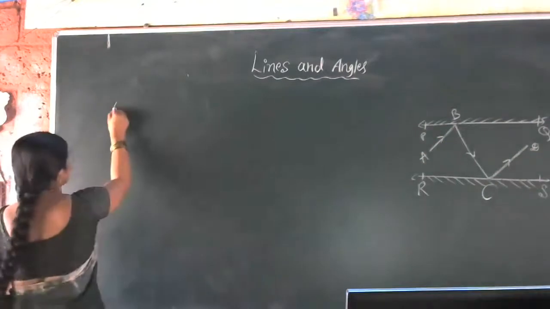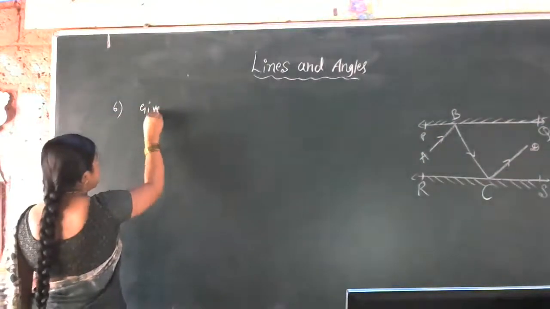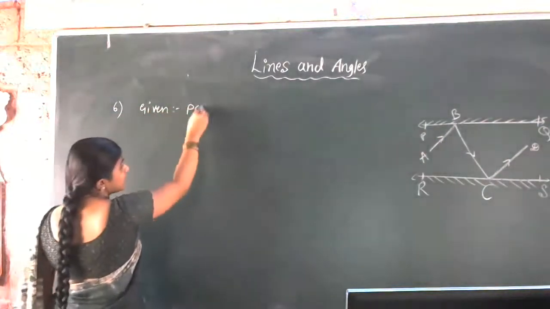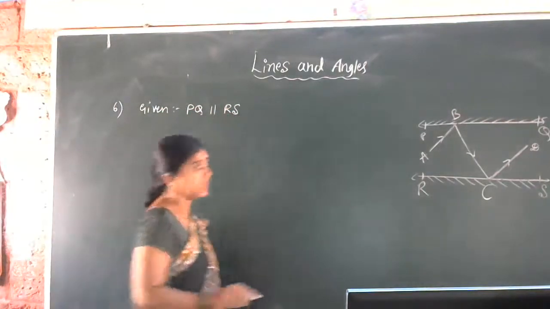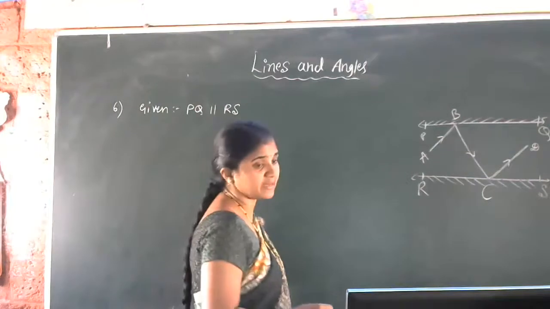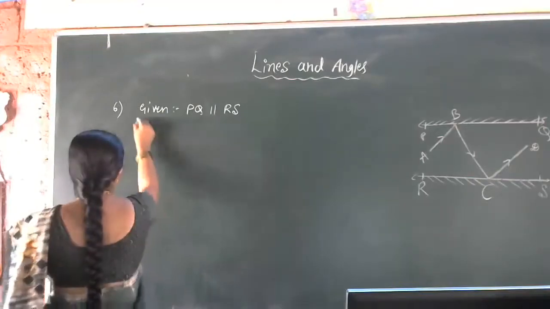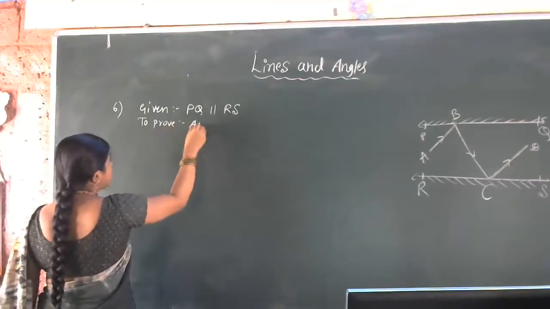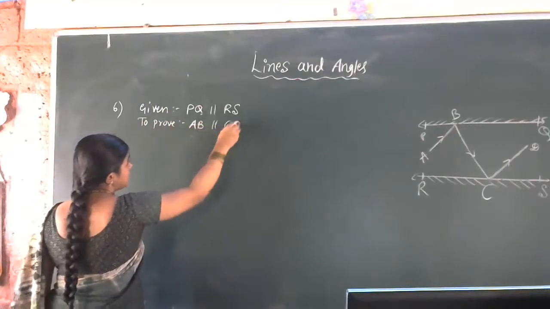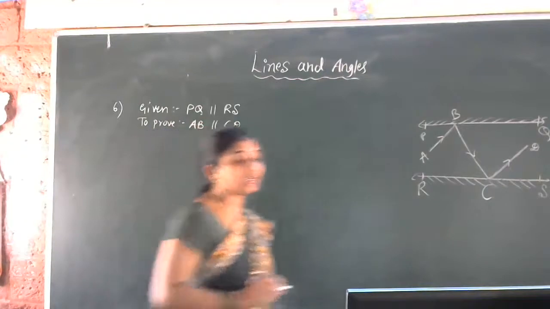So let us try the given data first. What is given actually? The PQ mirror and the RS mirror are parallel to each other. Using this data, we have to prove that AB is parallel to CD.